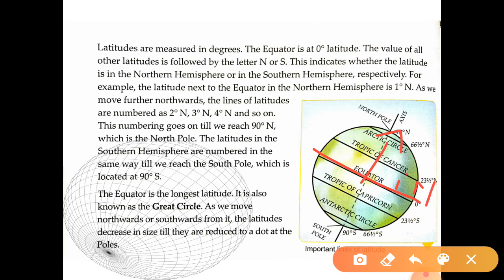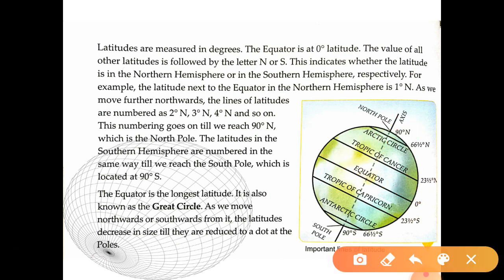As we move towards the North Pole, the number of degrees increases. As we move further northwards, the lines of latitude are numbered 2 degrees north, 3 degrees north, 4 degrees north, 5 degrees north, till 90 degrees north, which is the North Pole at the top.